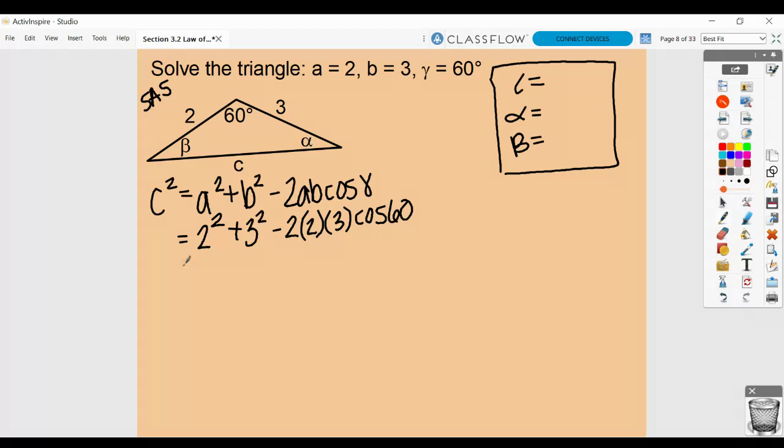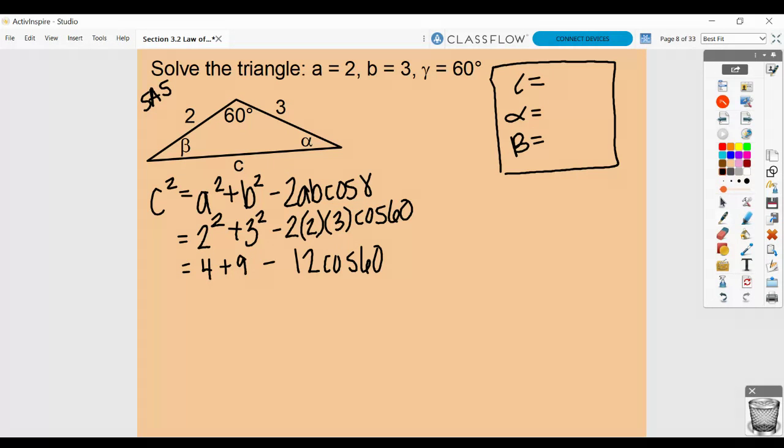So 2 squared would be 4 and 3 squared would be 9. So 4 plus 9. And then over here, you're multiplying again. So 2 times 2 times 3 would be 12. At this point, I still would not put this into my calculator yet.